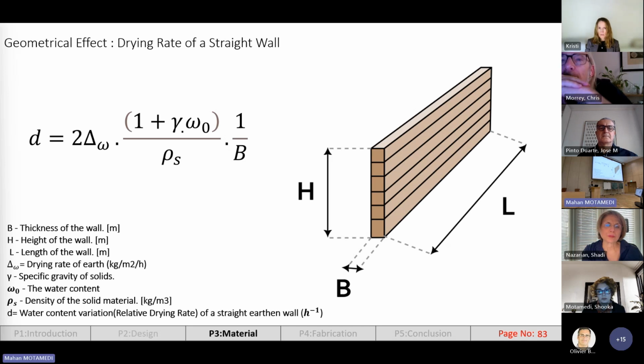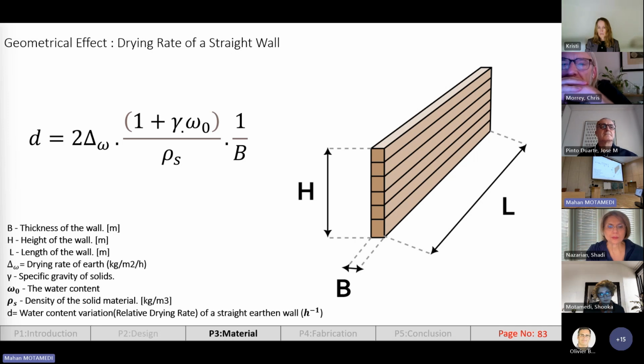There is also a geometrical effect that we can understand from the J. Munoz formula. Here we have a relative drying rate formula that we derived based on the J. Munoz formula. In this formula, we have one straight wall. So this is the drying rate of a straight earthen wall.